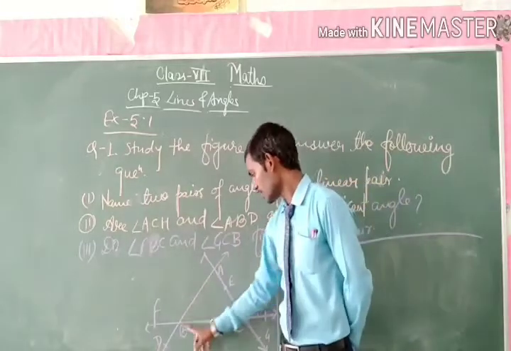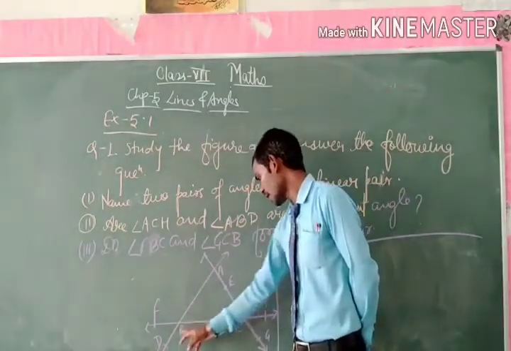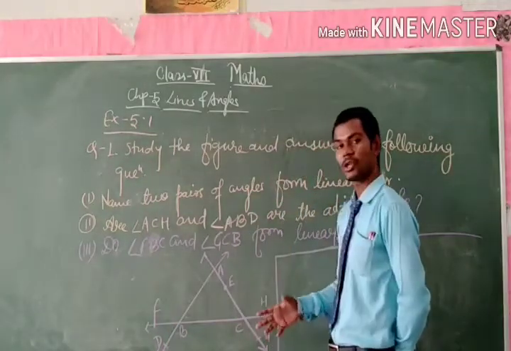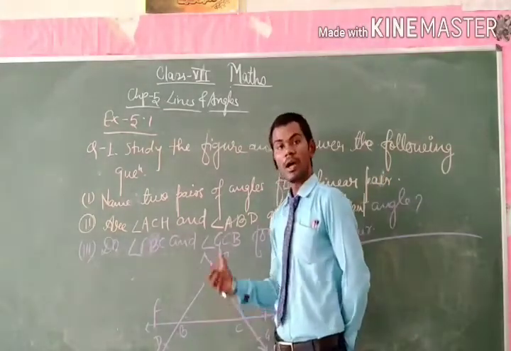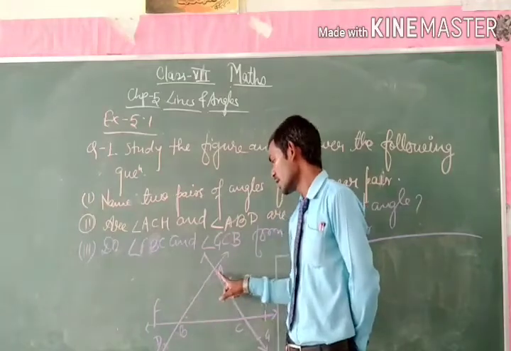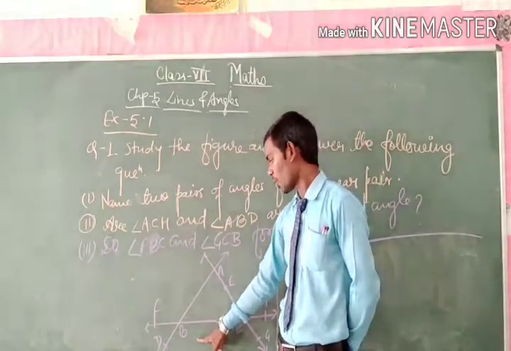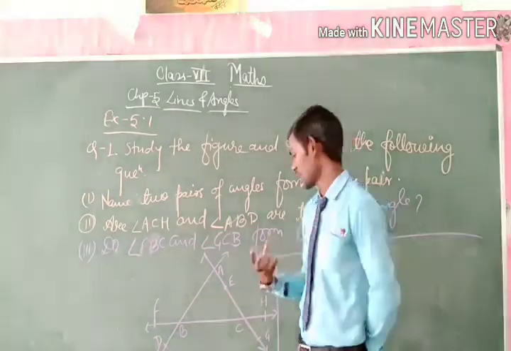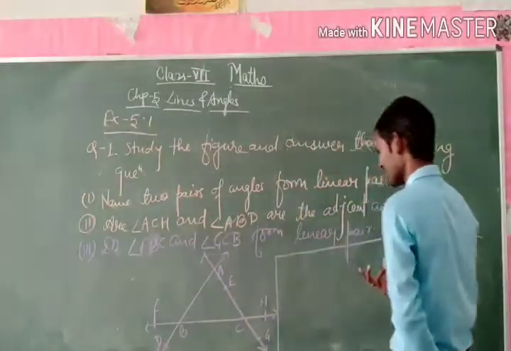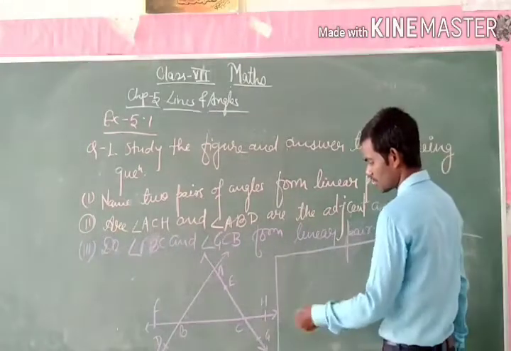So ABF and ABH is the first linear pair, because here the ray BA is common for both angles, as well as B is the common point, common vertex.